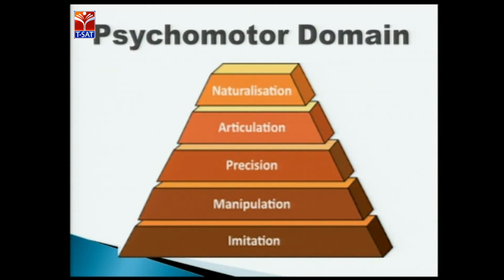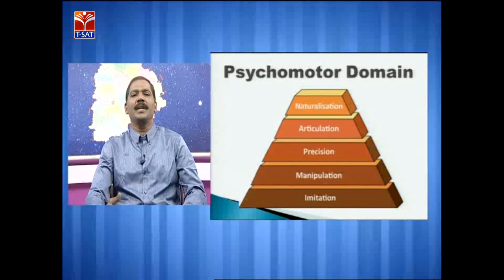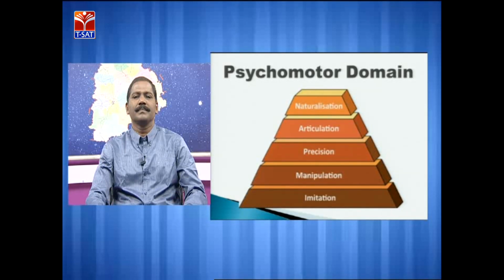The psychomotor domain all speaks about physical activity, hands-on experience, how they manipulate, how they handle different tools. And there are 5 levels of learning. We start from imitation, move to manipulation, then on to precision, then articulation, and finally naturalization. So imitation, manipulation, precision, articulation, and naturalization.